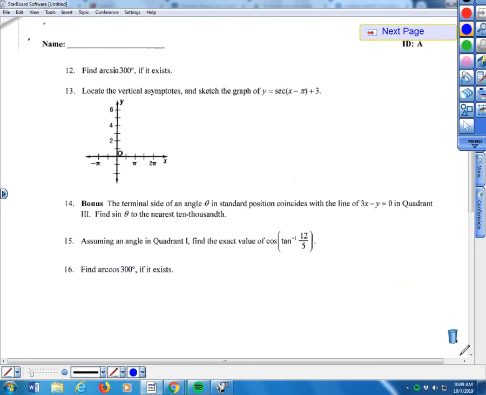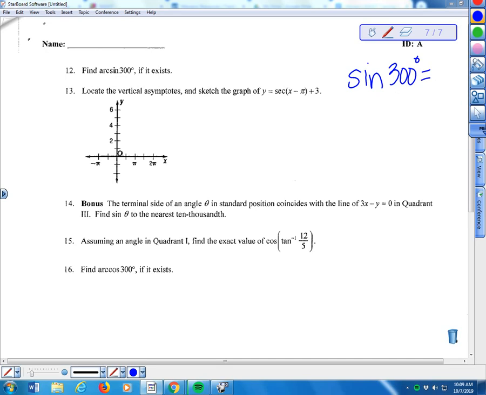Does arc sine 300 exist? It would be in the 4th quadrant. Remember, sine of 300 is a ratio. 300 degrees is where? 4th quadrant. Its reference angle is 60. So sine would be negative square root of 3 over 2 of 60 degrees, right?